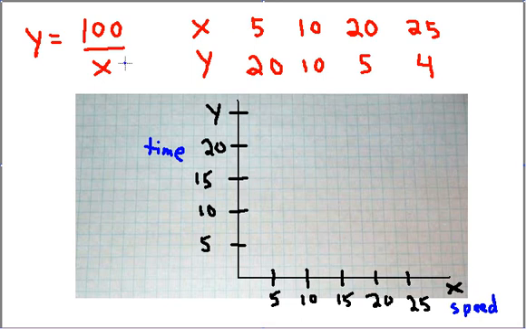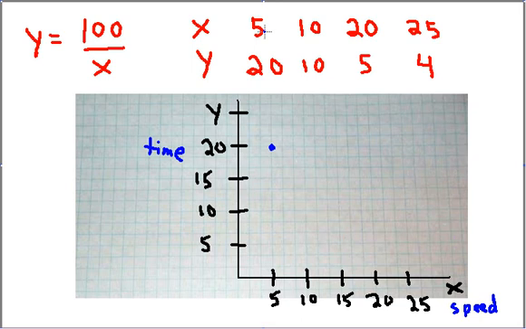So when x is 5, y is 20. So at 5 miles per hour, it's going to take the blimp 20 hours traveling at that average speed to cover the 100 miles. So what I'm going to go ahead and do is just plot that point. X is 5, so we start at our origin, come over 5, and then up to 20. So there's our first point.